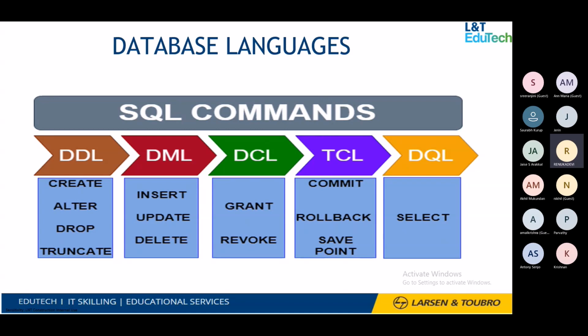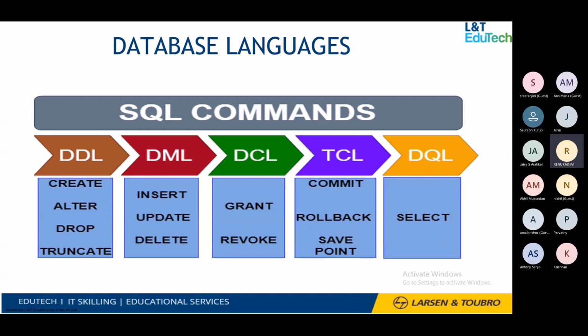You can use the alter command to alter the table structure, as well as add a constraint into the table, and also change the data type of a column. So everything can be done by using the alter command. The next is the drop command.